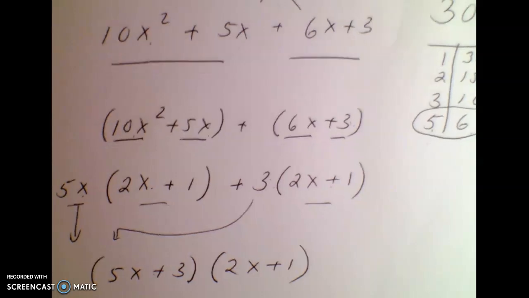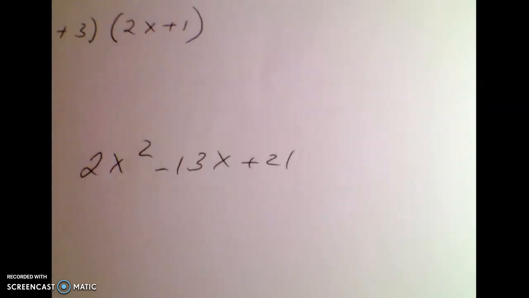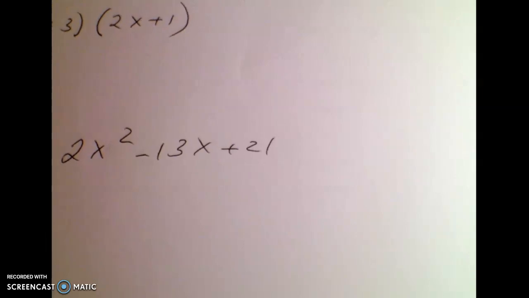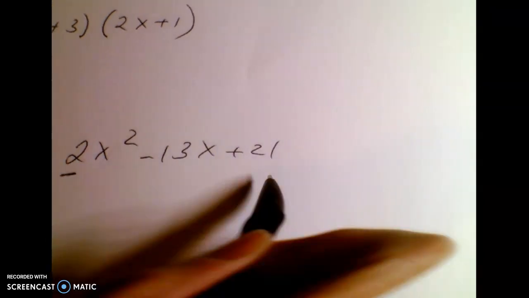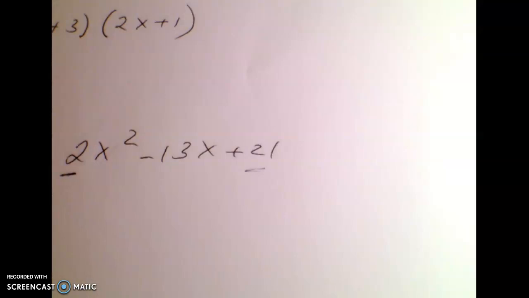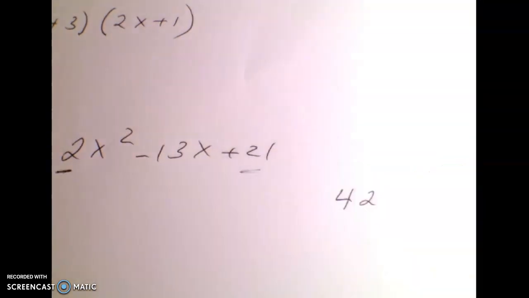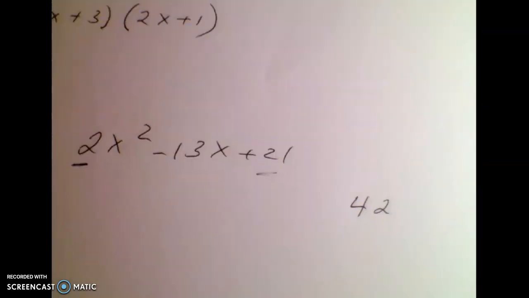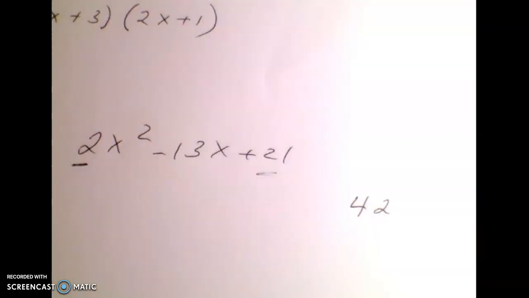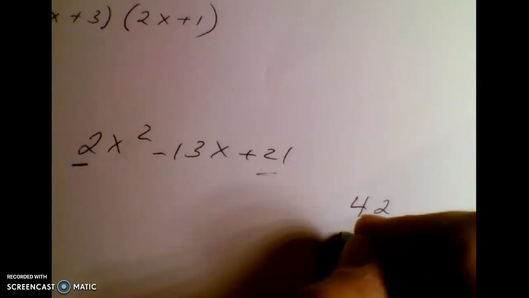Okay, let's try one more, and then you're going to try some on your own. So again, step 1, multiply first and last number. So we have 2 times 21, or 42. I need to find two numbers that when I add them together give me a negative 13. All right, so let's start writing our factors.